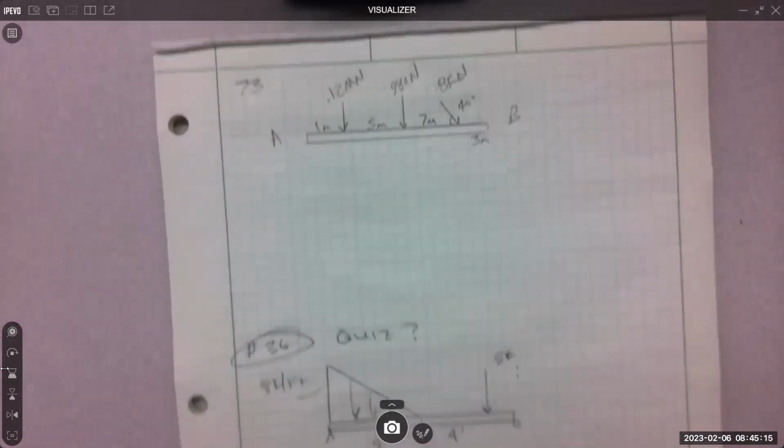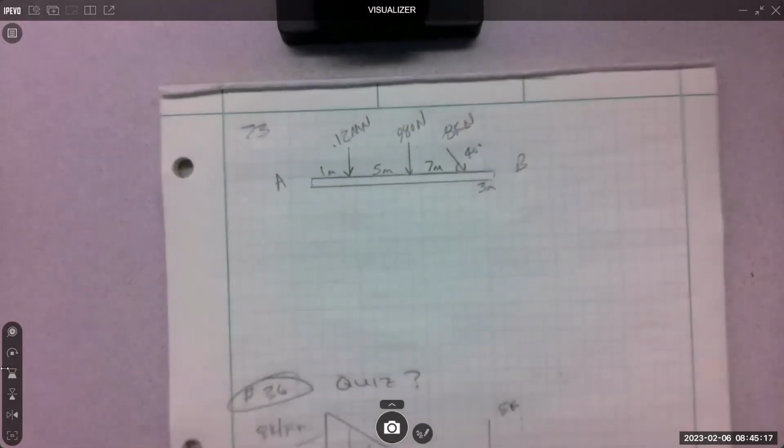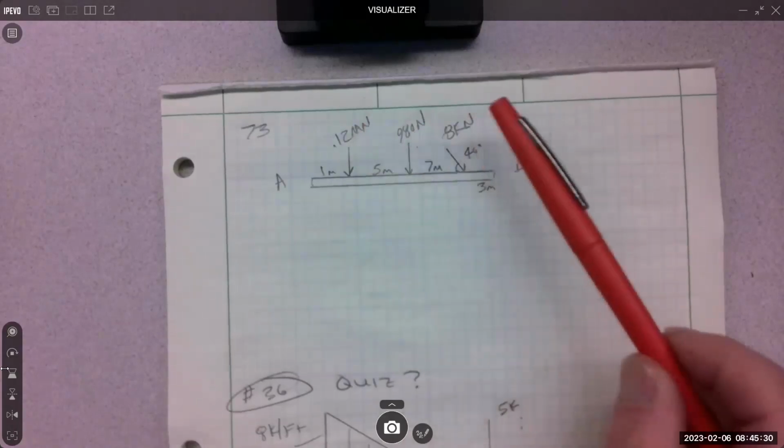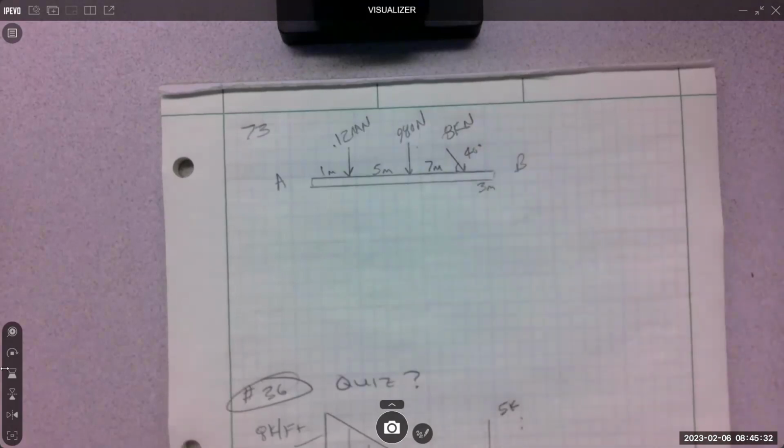73, right, Ben? Yeah, that was another one with an angled force, correct? Yeah, so this was a little tricky. I noticed right off when I wrote the problem down that they mixed units on you. So we really hadn't talked about that. Sorry about that. But you can't do a problem with mixed units. You have to get it all into the same unit, right?